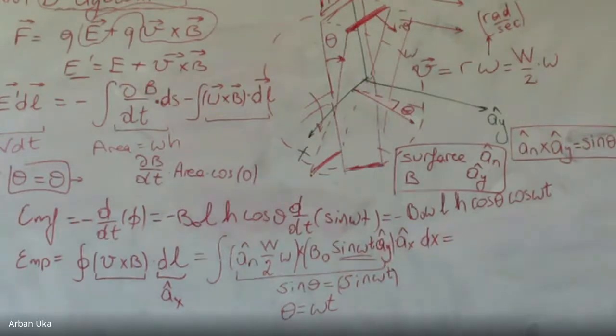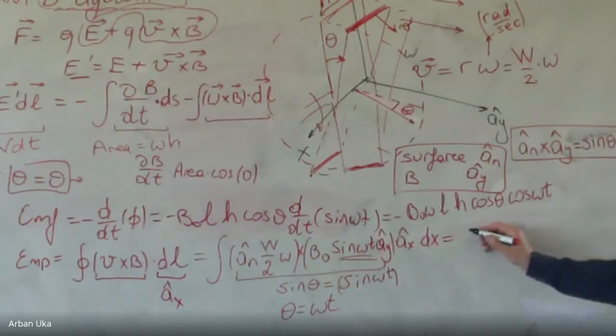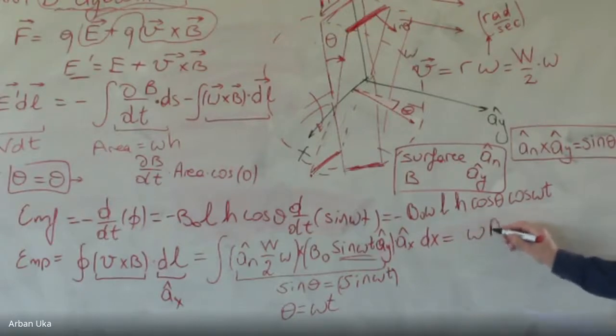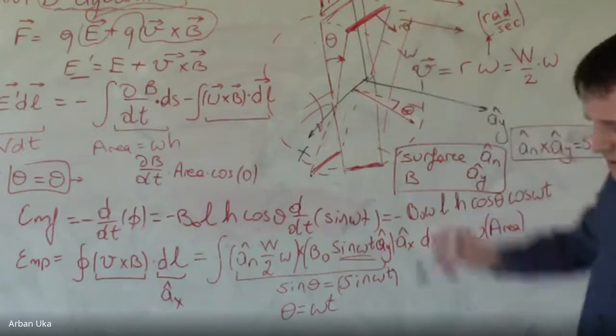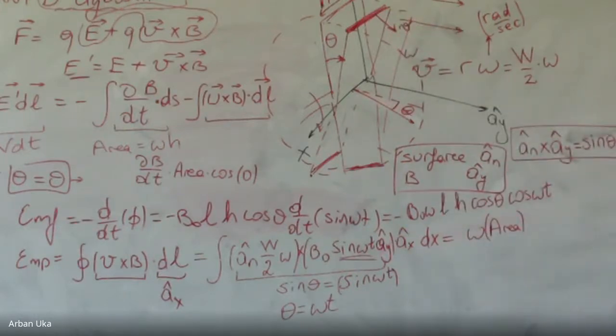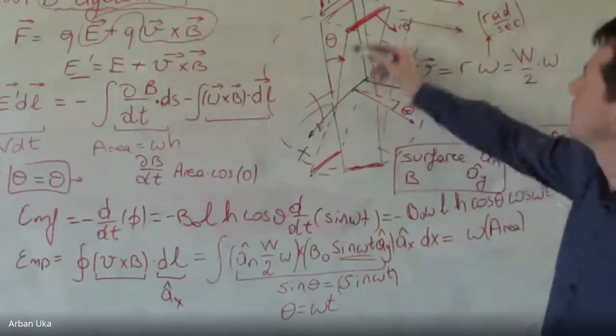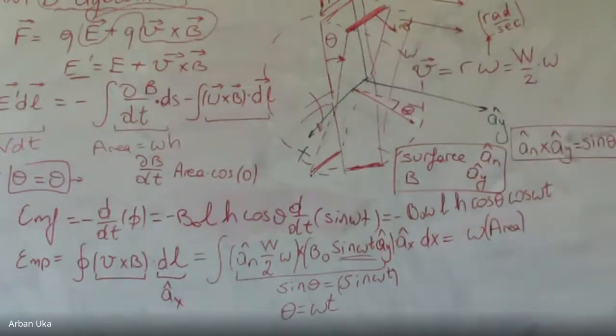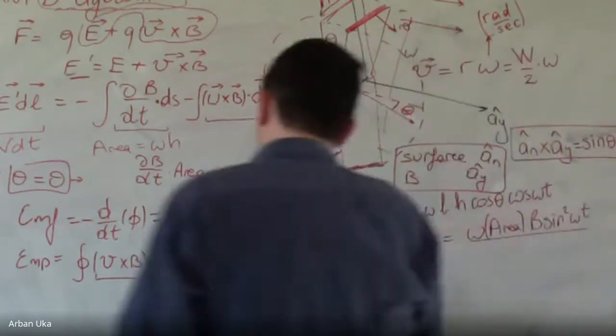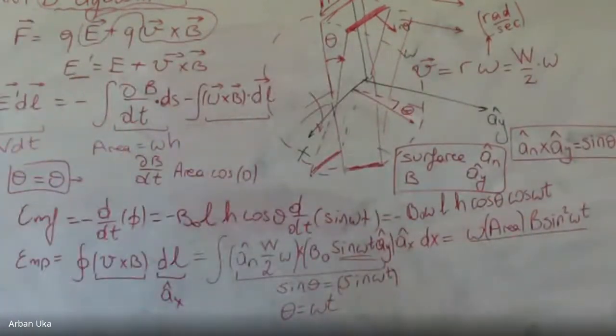And the final result is going to be the following: omega times the area, where the area is equal to L times H, or W times H, times B0 sine squared omega t. Okay, so this is the EMF coming from the motion of the circuit.